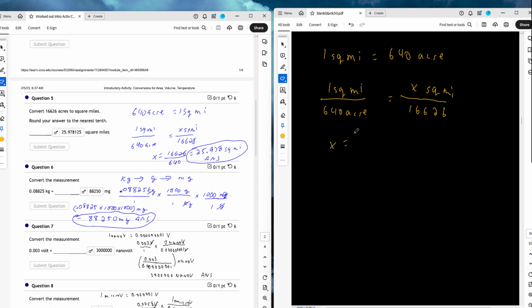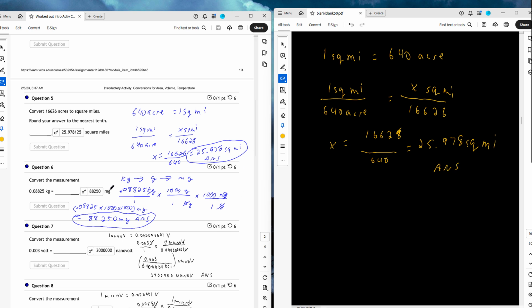So x is equal to 1 times 16,626 divided by 640 gives me 25.978 square miles. And that's my answer there. And that was number 5.